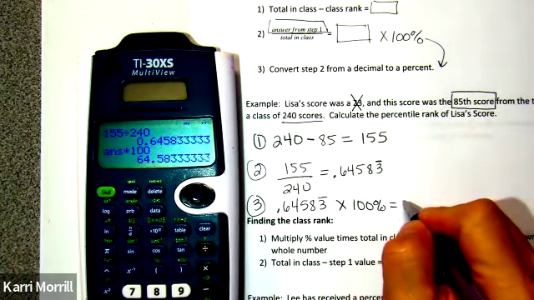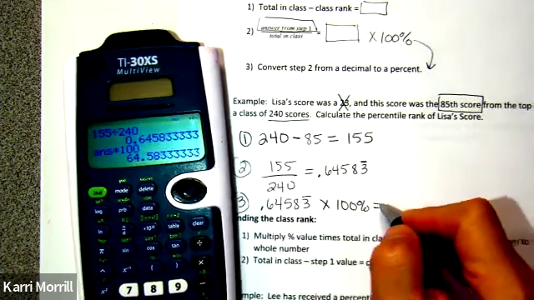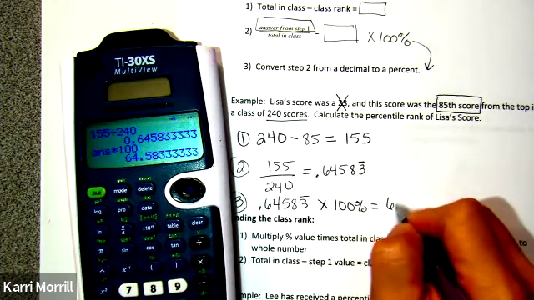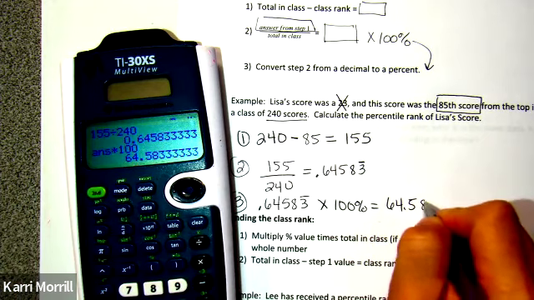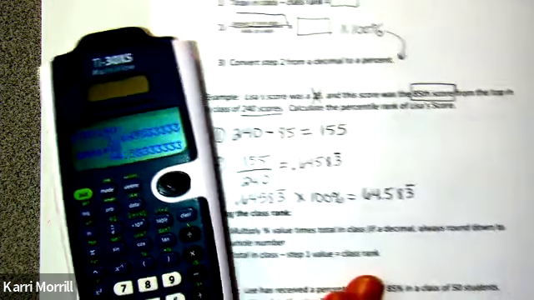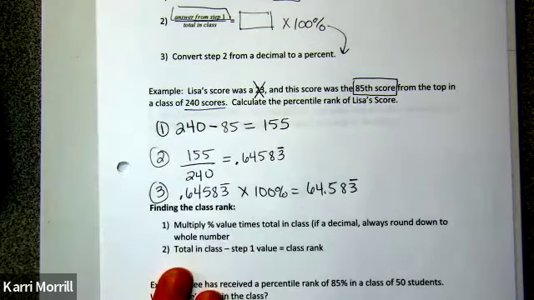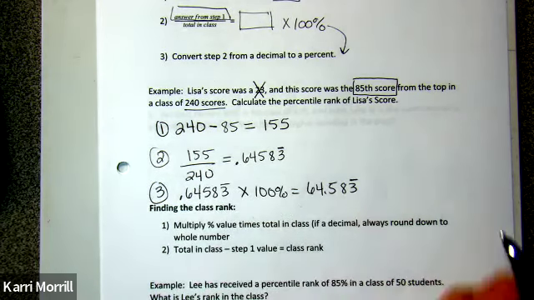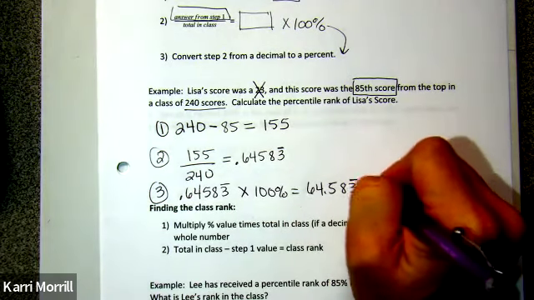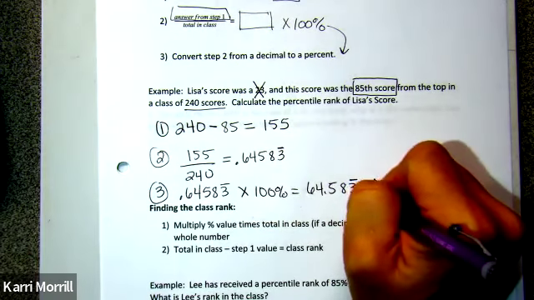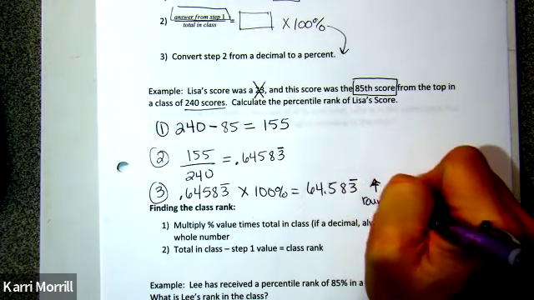They would not give you rounding instructions, because when we talk about ranks, we will always round up to the whole number. No matter the rounding number here, we're always going to round up if it isn't a whole number.